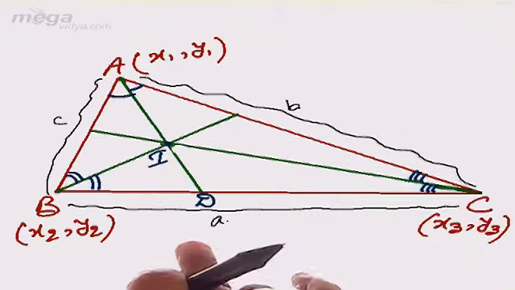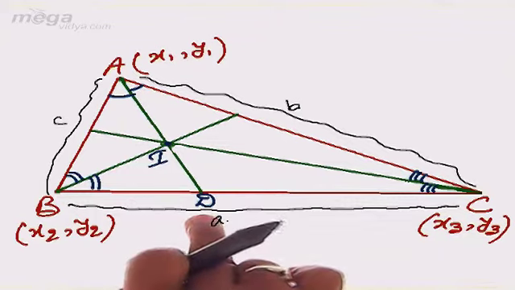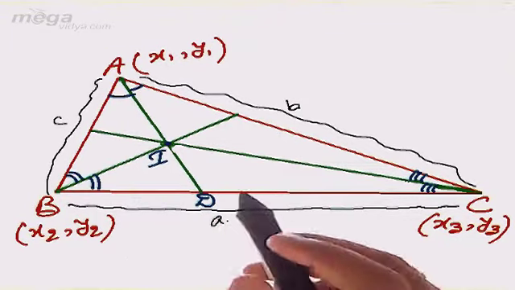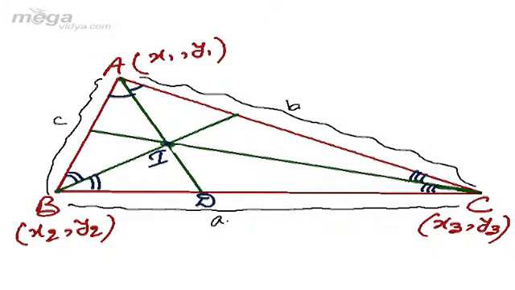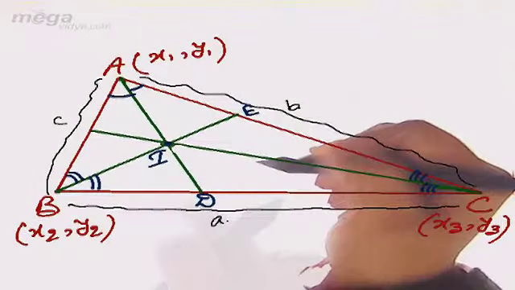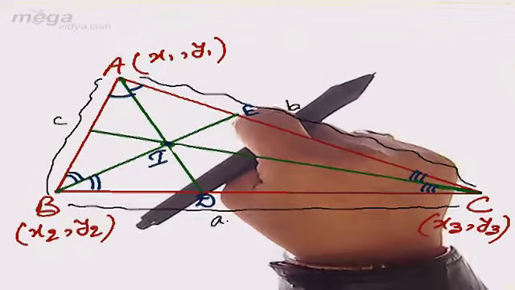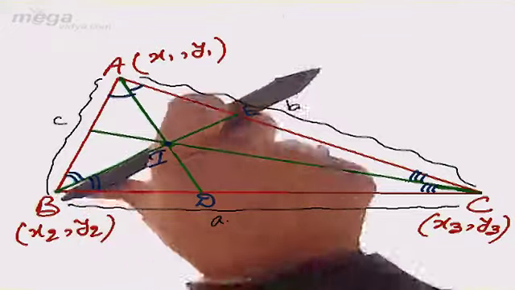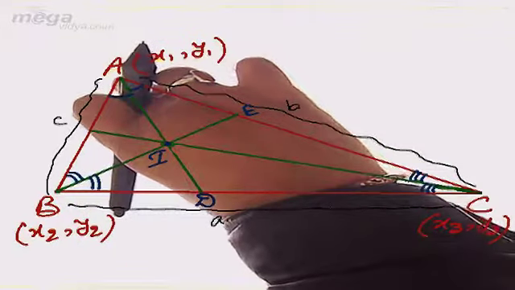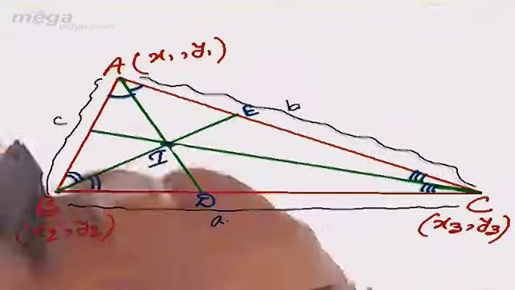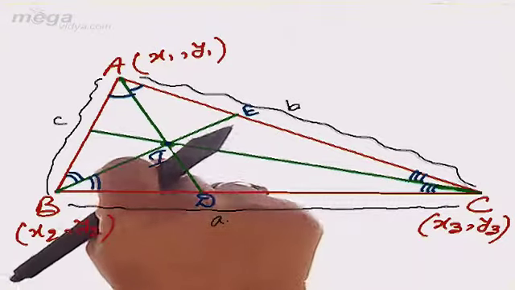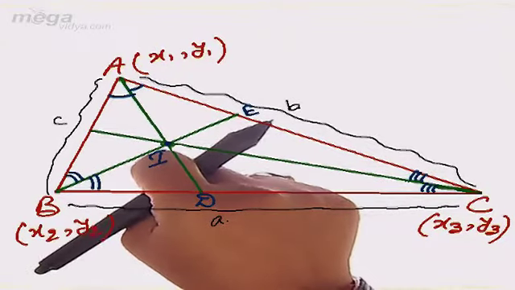So we will find out here the coordinate of D. Now in the same way, we will find out the coordinate of this E. Once you get the coordinates of D and E, you can find out the equation of BE, the equation of AD, and after solving those two equations, you will get the coordinate of incenter.